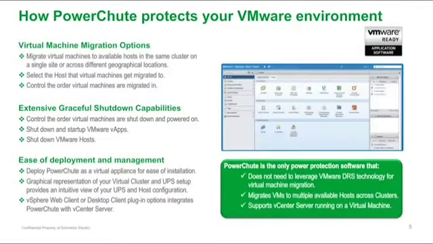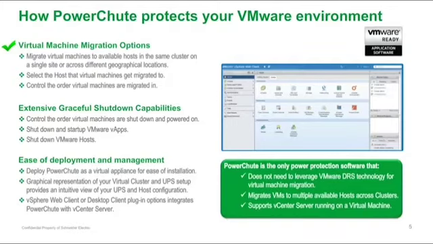PowerChute Network Shutdown is certified VMware Ready and provides an extensive range of options to suit your VMware availability and power protection requirements. Virtual machine migration options. During a power outage or other UPS critical event, PowerChute can migrate virtual machines to other available hosts, either in the same cluster or to available hosts at a different geographical location.